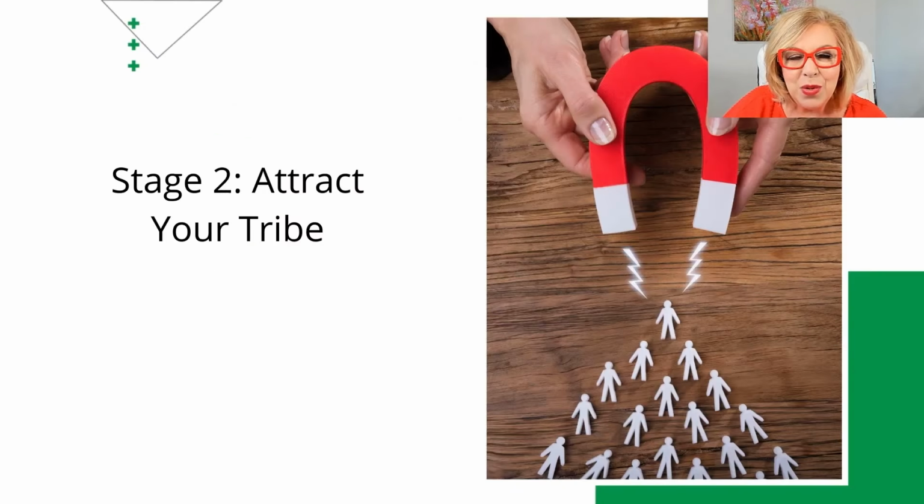At the end of stage 1, you should feel confident in knowing who your person is, who your tribe is going to be, and ultimately what they want. Now it's time to get out there and attract them. Again, there are so many ways to do this. In fact, this is what good marketing is all about. However, here are 4 easy ways to start connecting with your tribe fast.